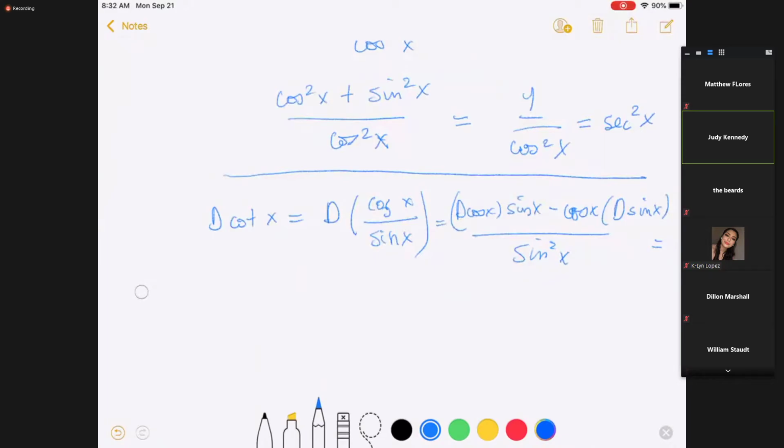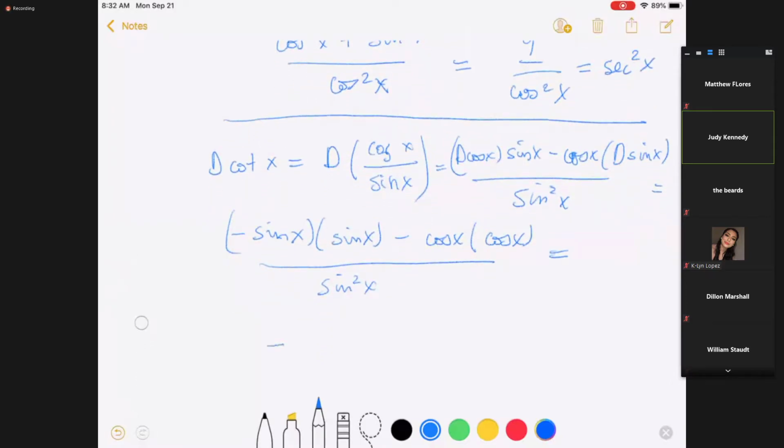Derivative of cosine is minus the sine. And that's multiplied by the sine. Then you have minus the cosine. And the derivative of the sine is plus the cosine, all over the sine squared. And that's minus sine squared of x minus cosine squared of x all over sine squared of x.